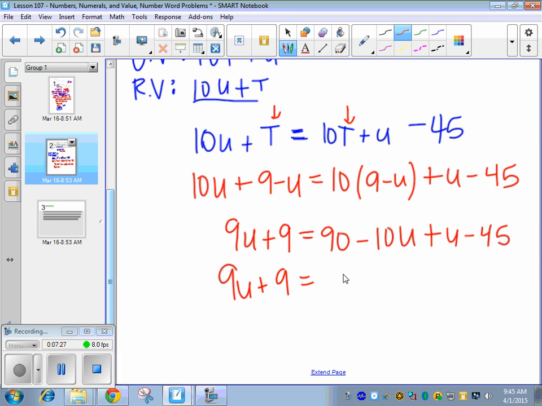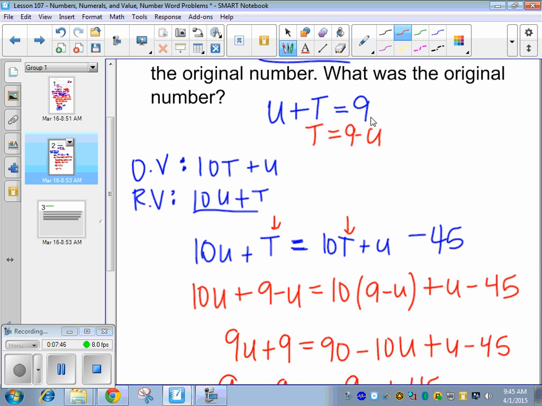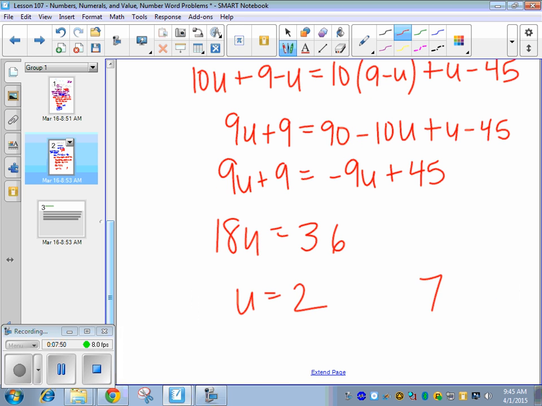Negative 10u plus 1u is negative 9u. 90 minus 45 is 45. Add 9u over to the other side, and we get 18u. Subtract 9, and we get 36 again. Weird. Divide by 18, and the units digit is 2. Yeah, so if I go back up here, the tens digit is 7, so we get 72.